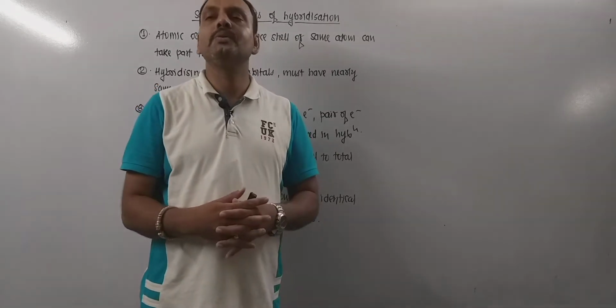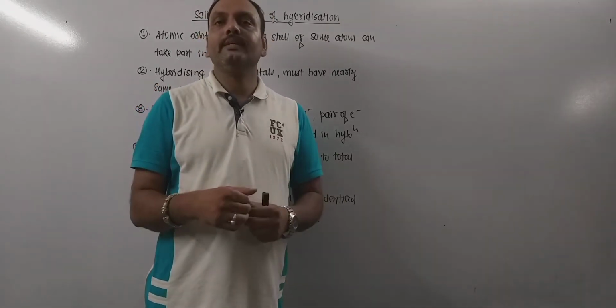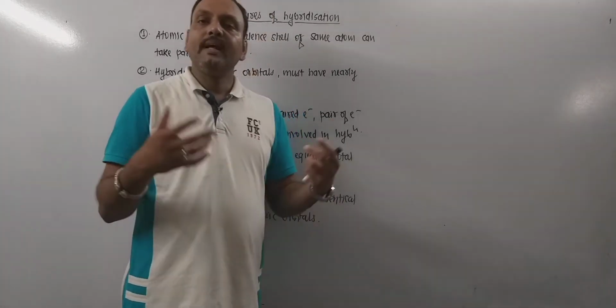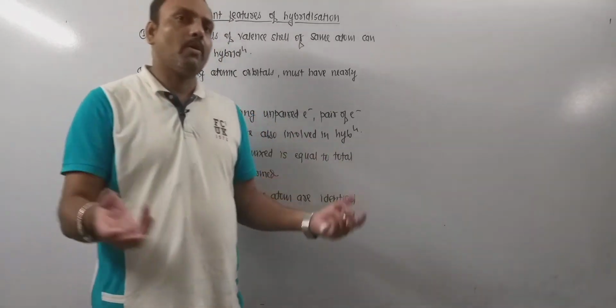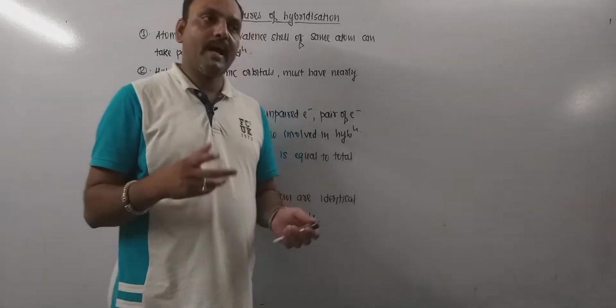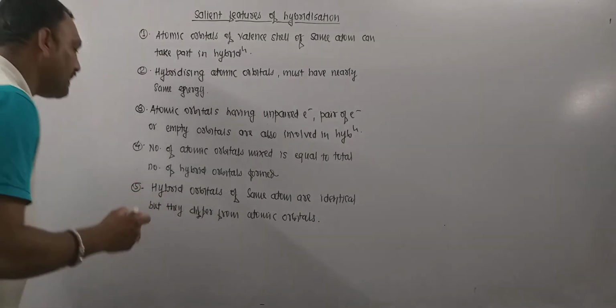Now hybrid orbitals can overlap with a hybrid orbital of another atom as well as an atomic orbital of another atom. A hybrid orbital can overlap with any.